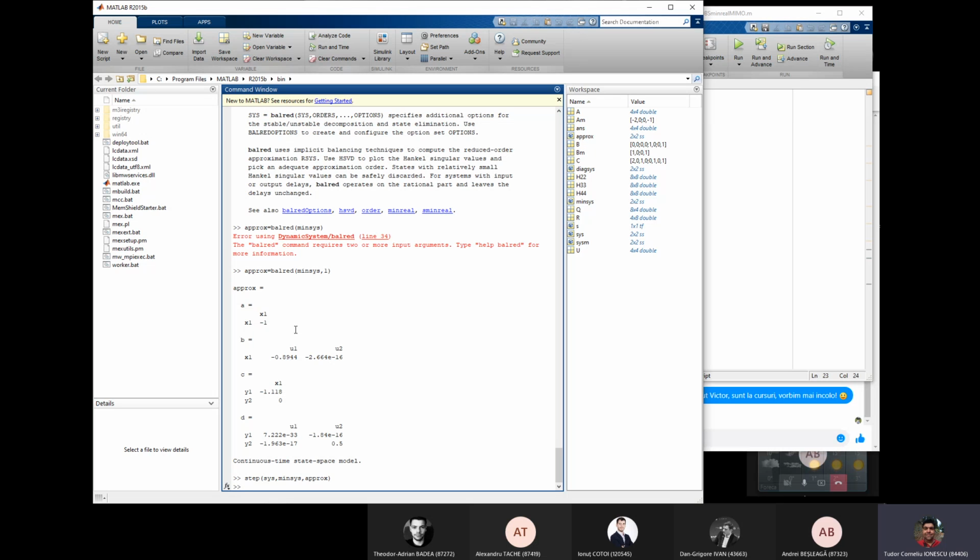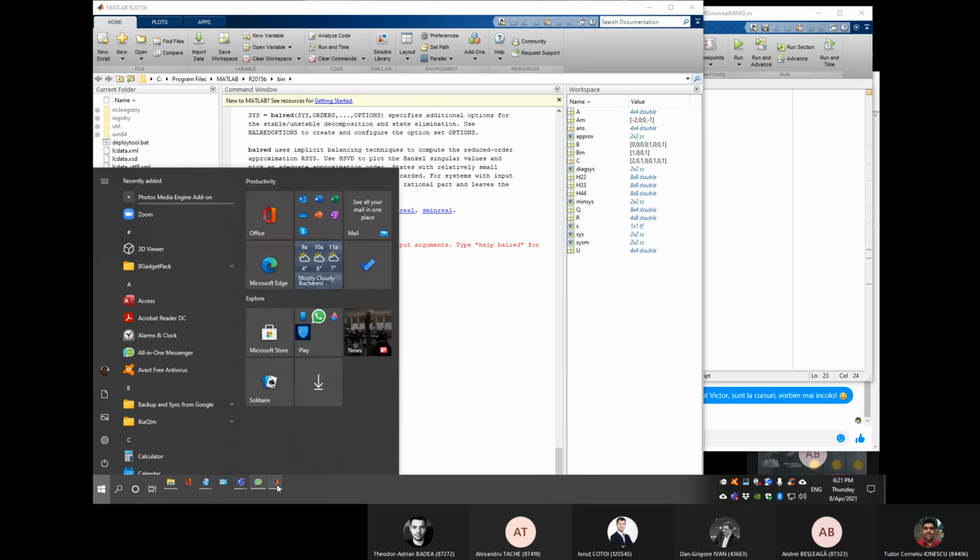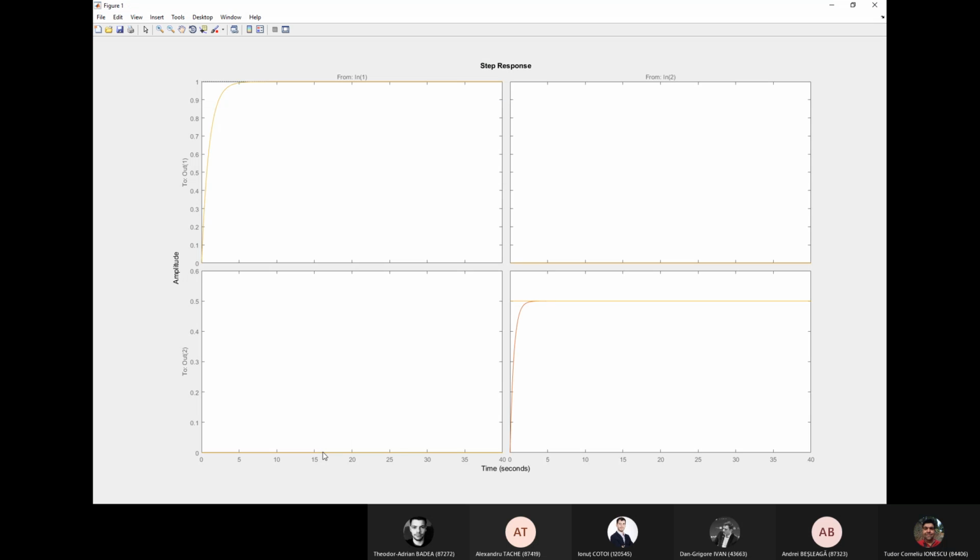We check the difference between them. Now where's the picture? Here is the picture. You see, there is difference. Why can I not see the difference so well? There is a difference between them.